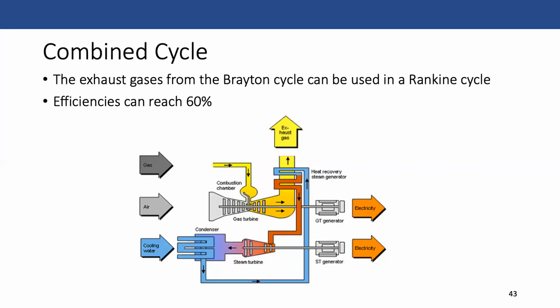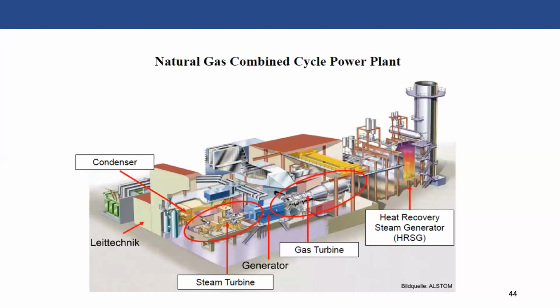With this, a combined cycle plant, which is what we call a natural gas plant with both a gas turbine and a steam turbine, the efficiencies can reach as high as 60%. That looks something like this. This is a typical natural gas plant. You'll have a gas turbine with your generator, and then that's connected to a steam turbine as well. So you've got both components.